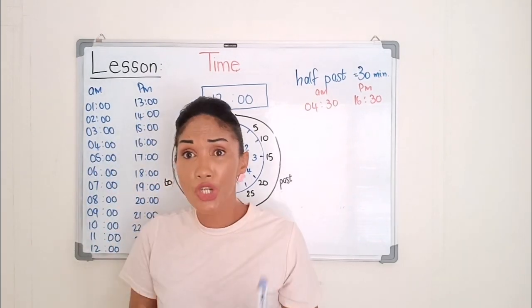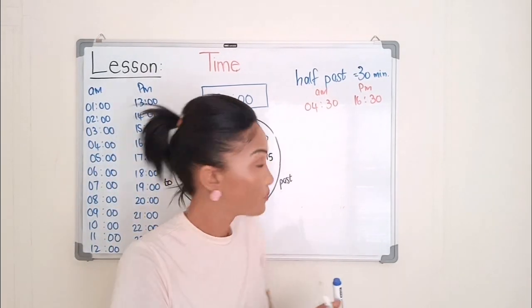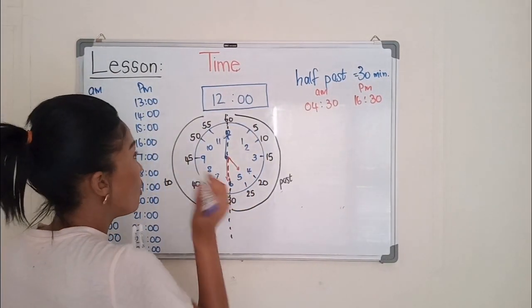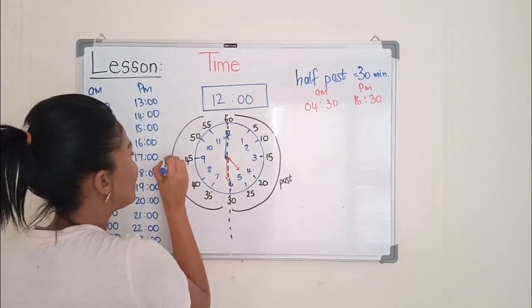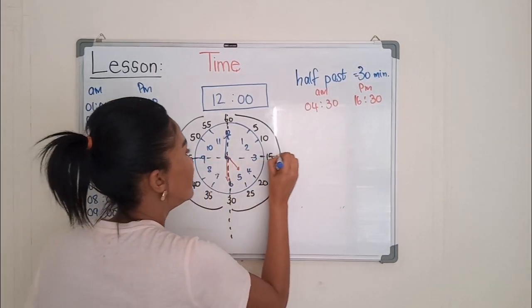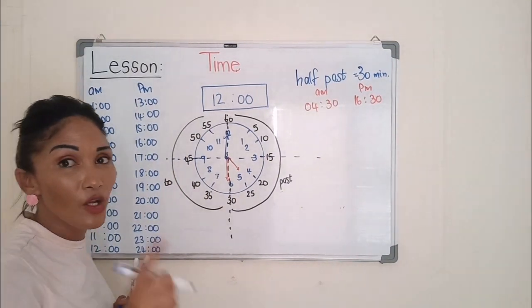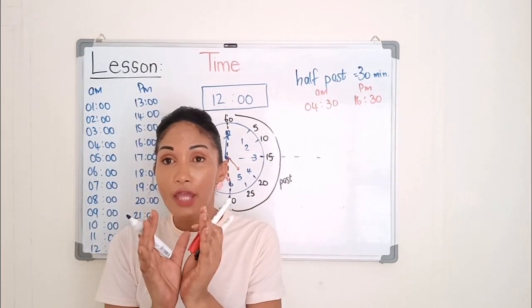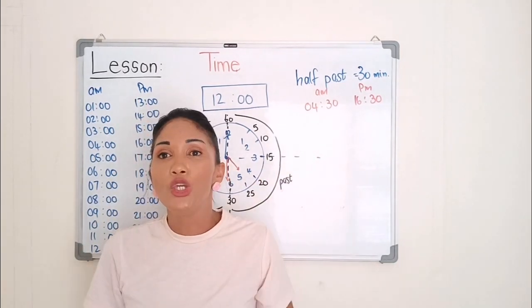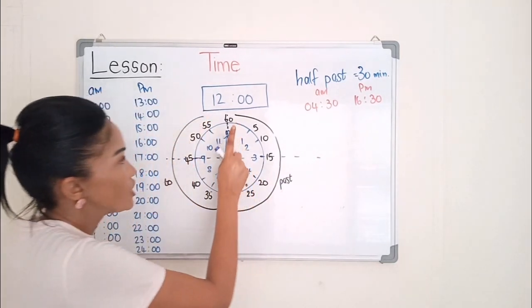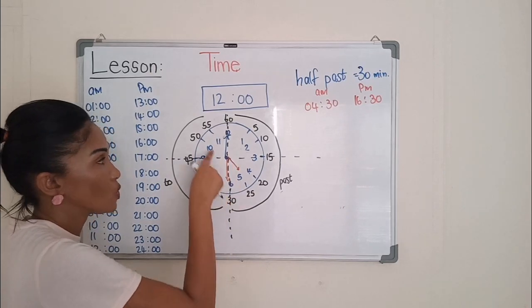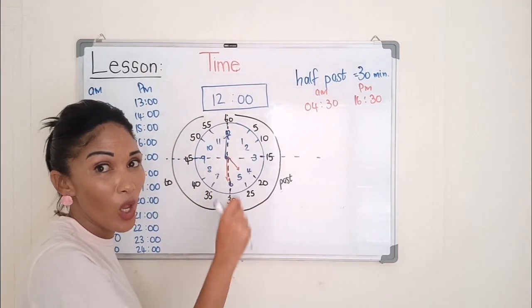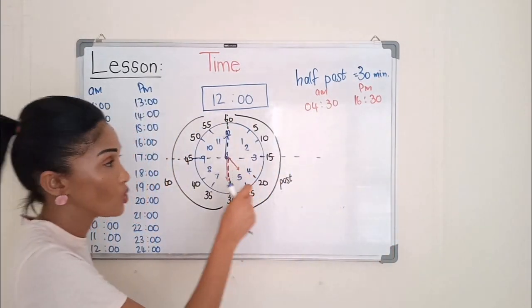Now, I want to show you the quarter past and the quarter to. What I usually also do is draw a line through. Remember in fractions, when you have a whole and you divide it into 4 pieces, you have 1 quarter. So this is a quarter, that's a quarter, this is a quarter, and that's a quarter. There is where we can see what is quarter past and quarter to.